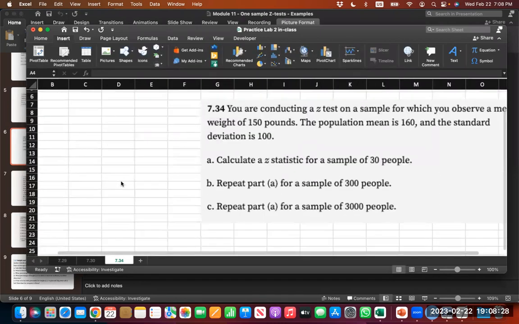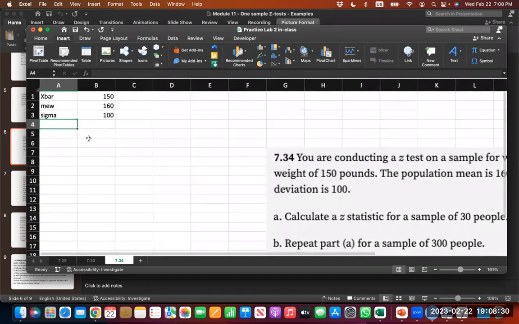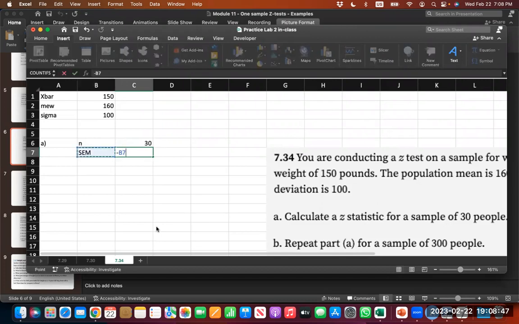Okay. Let's look at this. We have an x bar of 150, mu of 160, and a sigma of 100, with an n of 30 for example A. If we calculate the standard error of the mean, this is sigma divided by the square root of the sample size.